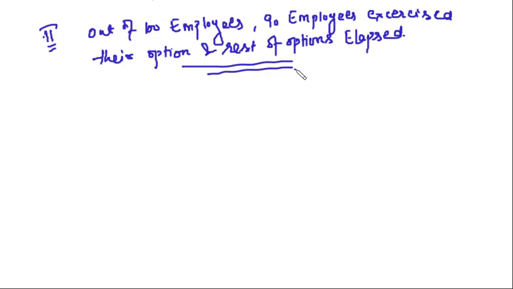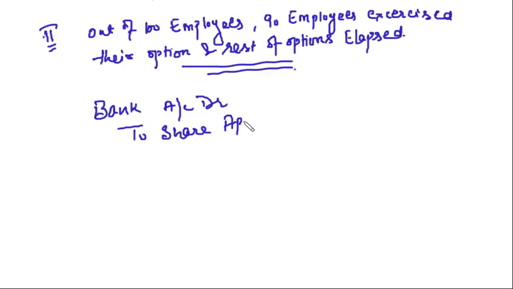Now, how to pass the journal entry for this? The first entry will be bank account debit to share application account, isn't it? To share application account.